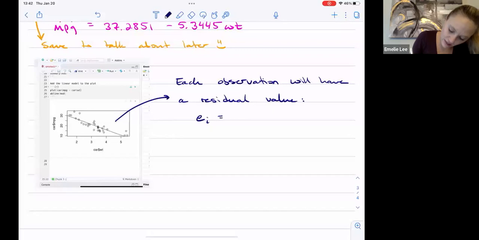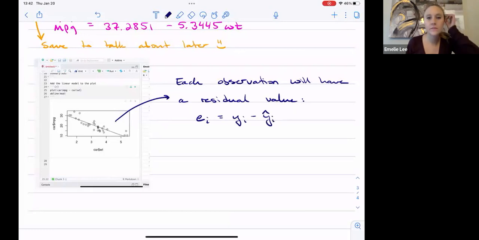Right, e_i is y_i minus y_i hat. Okay. So it's the observed minus the predicted value of y, and the predicted value of y is on the line.